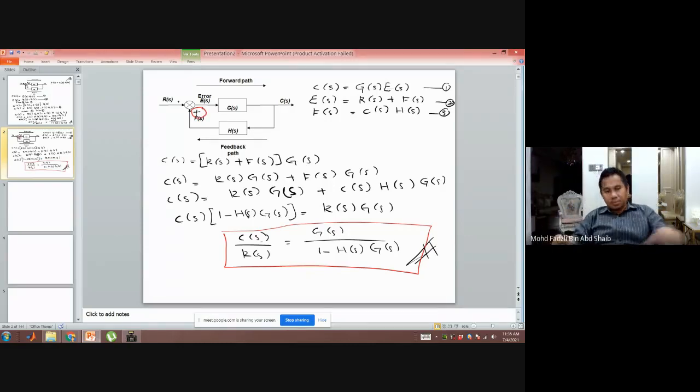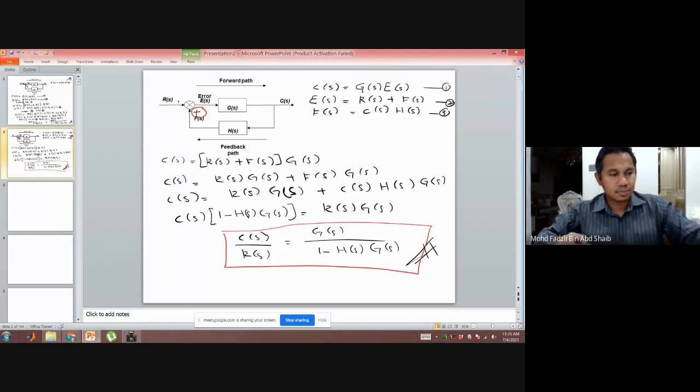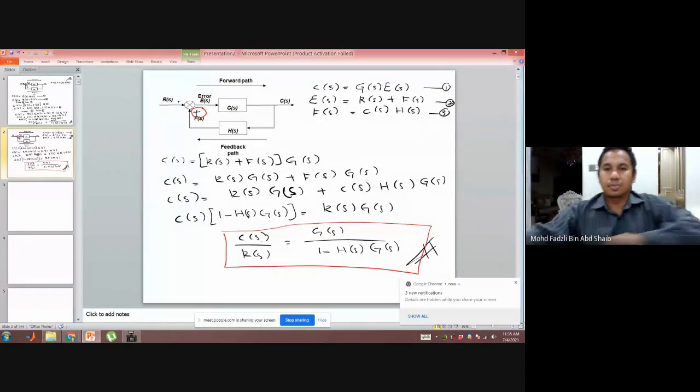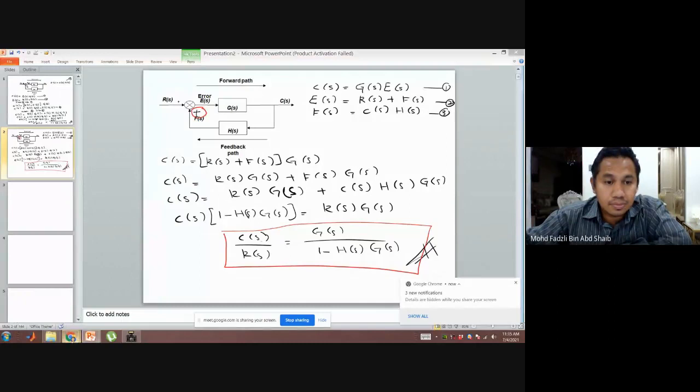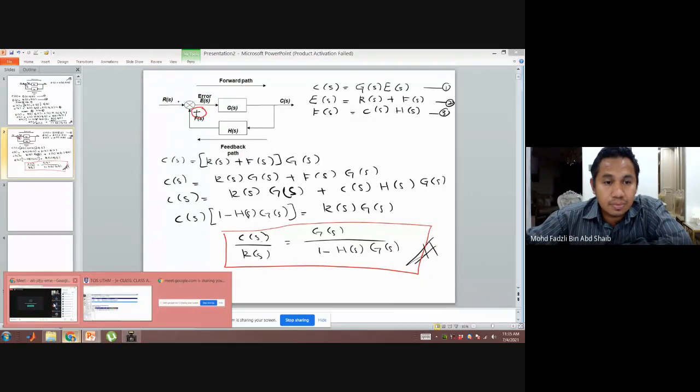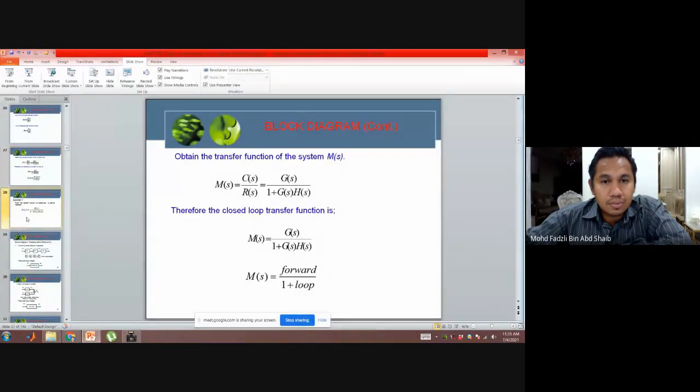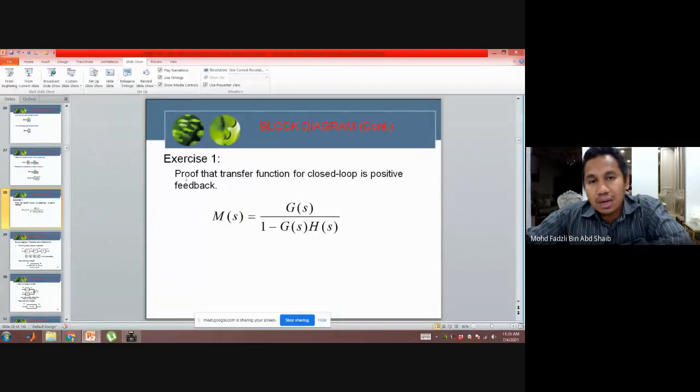That's how we prove the transfer function for closed loop with positive feedback.